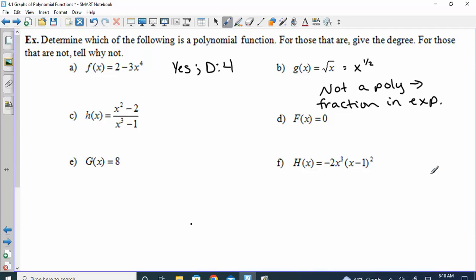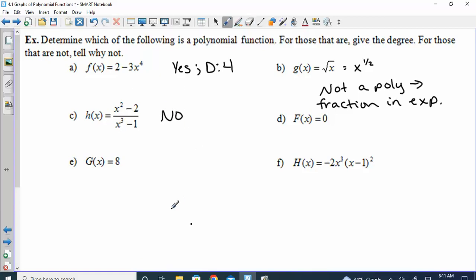Okay, so it's not because we have a fraction in the exponent. C. Okay, in a polynomial we have terms added and subtracted. So is this a polynomial? This is a polynomial, this is a polynomial, but when you divide them, is it still a polynomial?